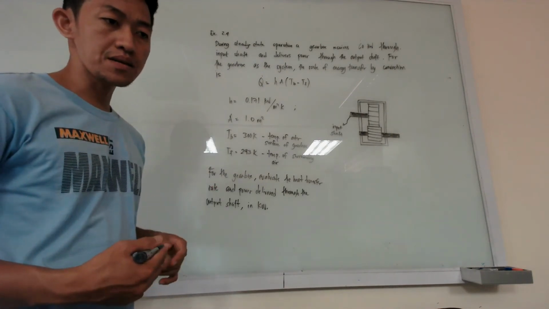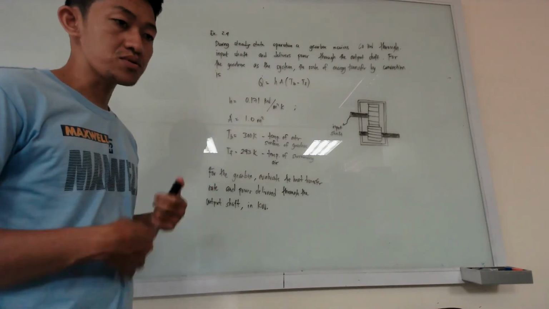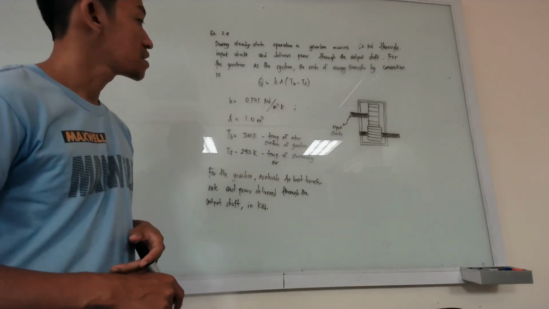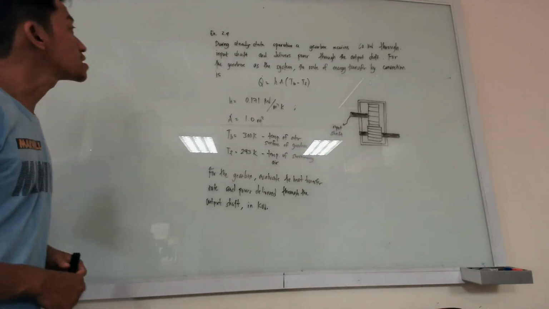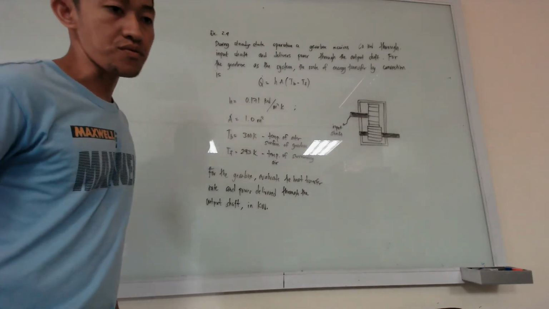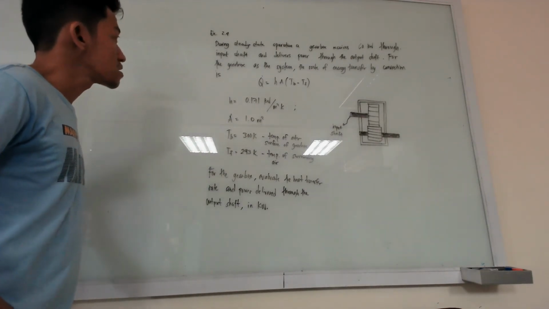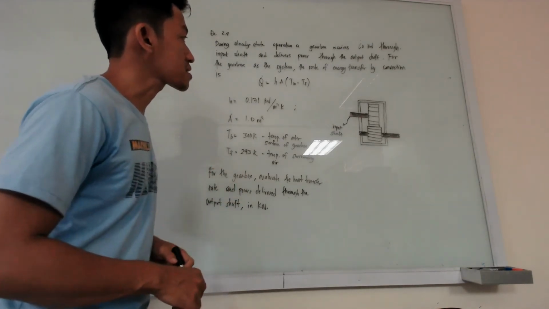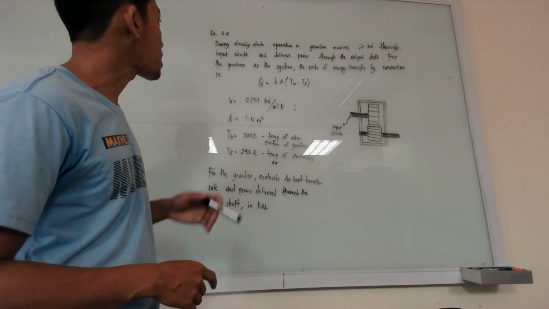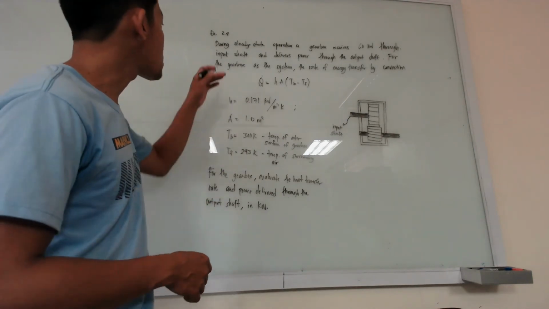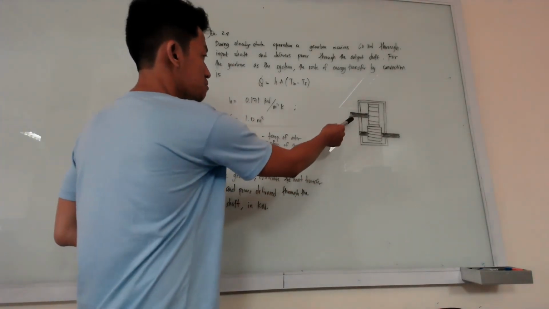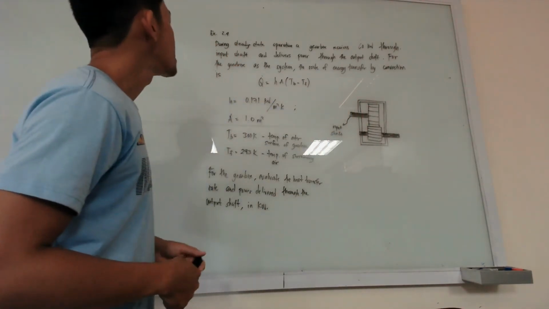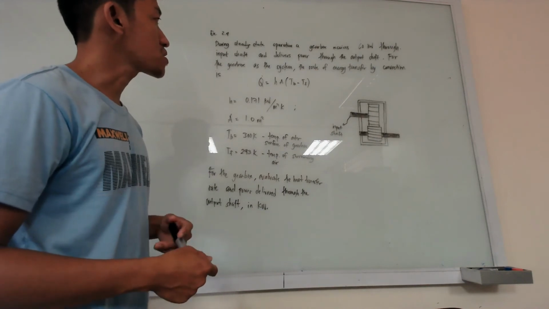Okay, so let's have another example to demonstrate how to use the first law of thermodynamics. Okay, so this is found in example 2.4 in your book. Okay, so the problem is during steady state operation, a gearbox receives 60 kilowatt of power through the input shaft. So this is the input shaft. Okay, so this is the gearbox and delivers power through the output shaft.